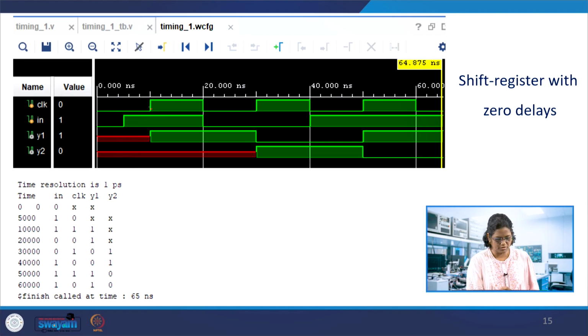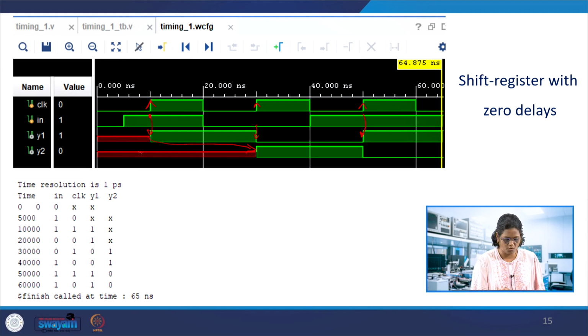In the example, the clock we can see, though there is no delay, the input changes here at the clock edge; it samples the input and assigns it over here, and then similarly at the third clock edge as well. Whereas what is y2 getting at the clock edge? This is not the same. This particular case is shifted to the next clock edge.